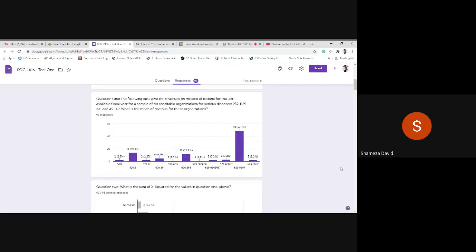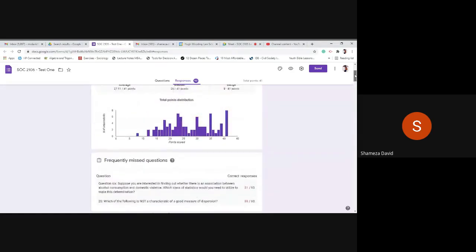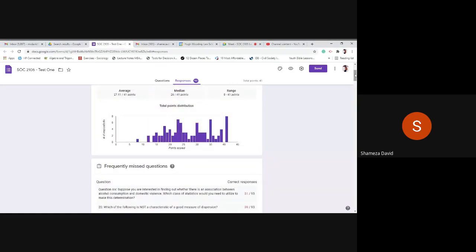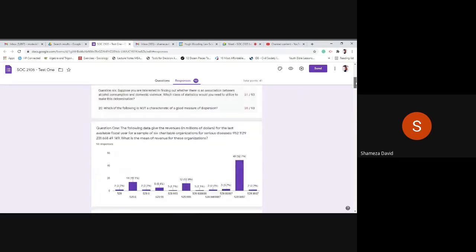In terms of the class average, you can see a mean of 27, a median of 26, and a range of 8 to 41. So the lowest score being 8, the highest score being 41. A number of persons got 41 out of 41. So you can see that.